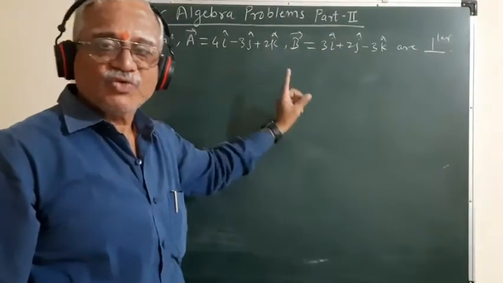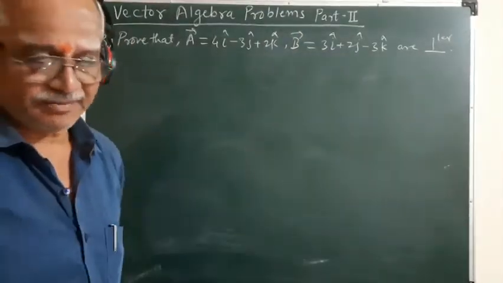We are asked to show that the vectors a bar and b bar are mutually perpendicular to each other.